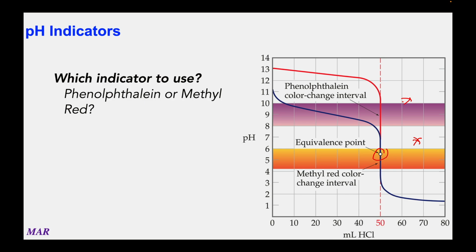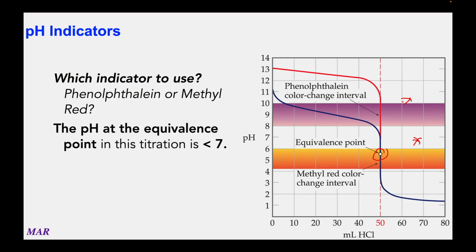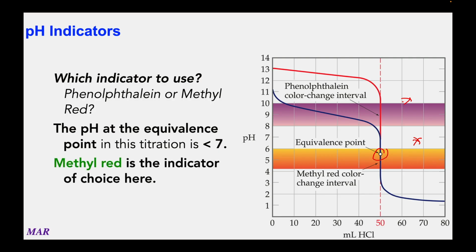And notice how that's right where the methyl red begins to turn from yellow into more of a red color. So in this example, I would absolutely say that because the equivalence point is at a pH less than 7, you want the color change to occur less than 7 as well. So methyl red would be a much better choice here.